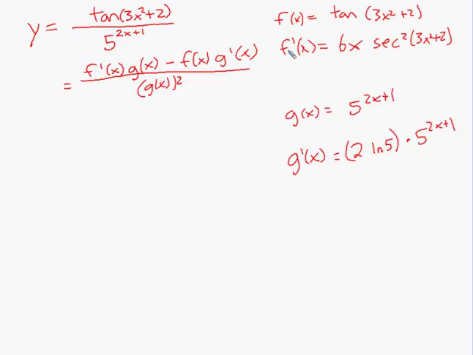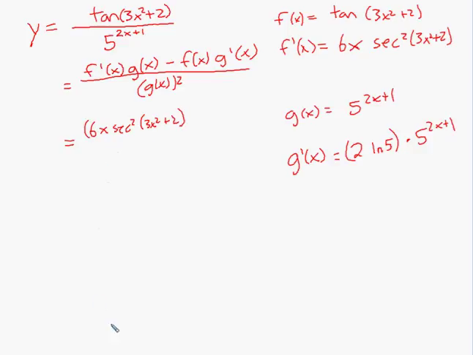Okay, now at this point we are ready to go ahead and do our quotient rule. Notice I had to apply some chain rules before I could go right to this. So f prime of x, I'm just going to plug them in. 6x secant squared 3x squared plus 2 times g of x.